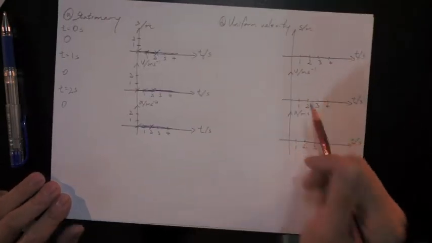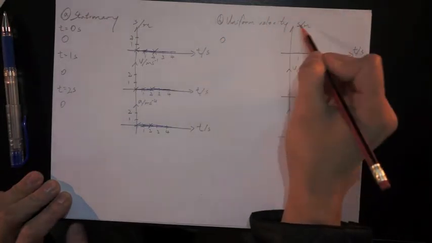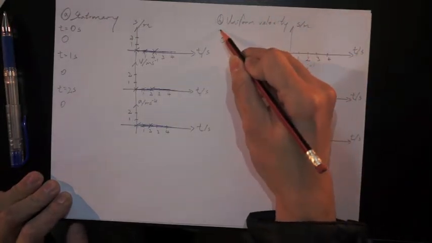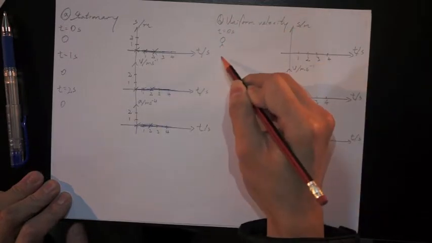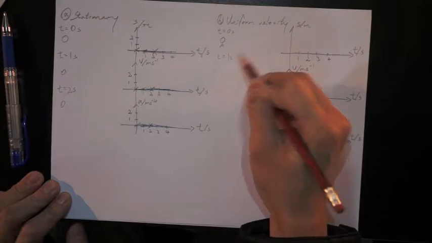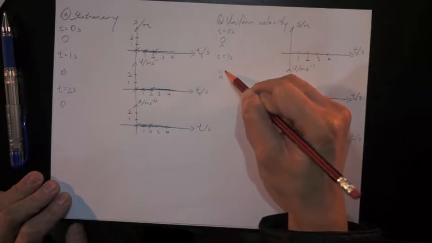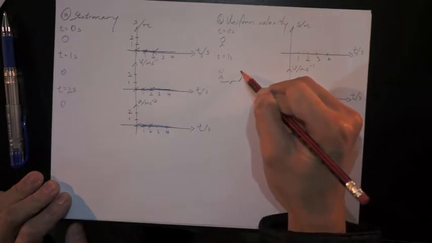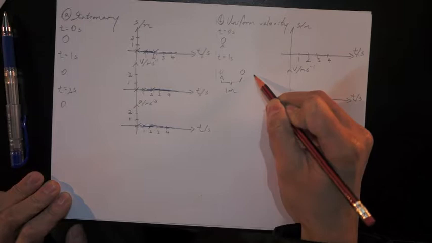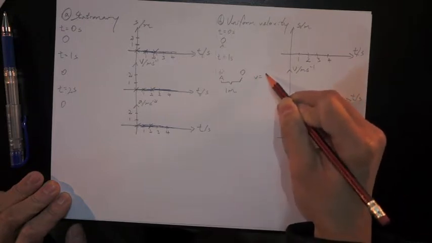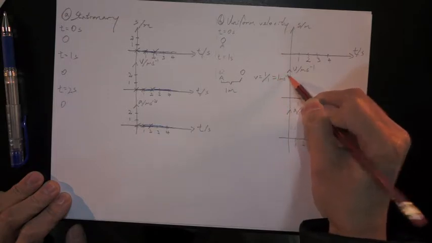For the second case, if an object is in uniform velocity, at time equal to 0, it's at position A, and then after 1 second, the object moves from position A by 1 meter more, and hence its velocity is equal to 1 meter divided by 1 second, therefore it's 1 meter per second.